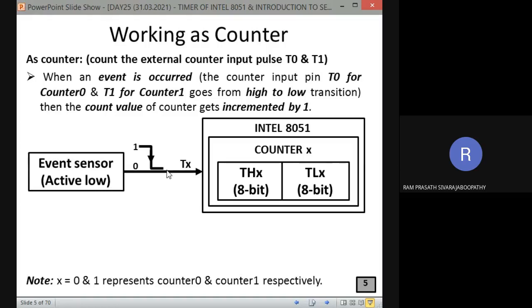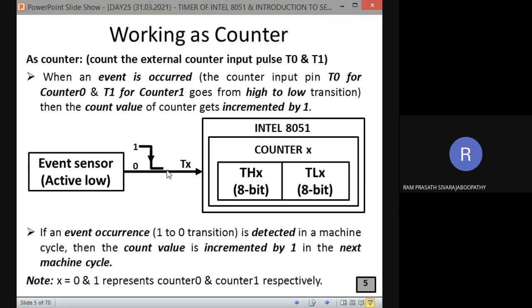Then one more important thing you have to understand: if a 1 to 0 transition is detected in a machine cycle, at that machine cycle itself it is not going to increment. It will check in the next machine cycle whether the signal again went high or not. If it still maintains 0, what it means? The event is not completed. When the signal changes from 1 to 0, the event starts to occur.